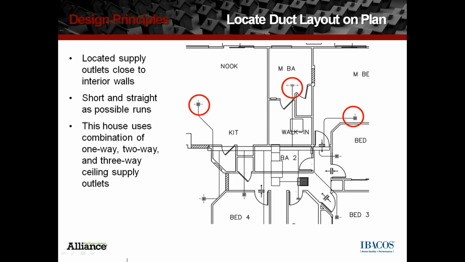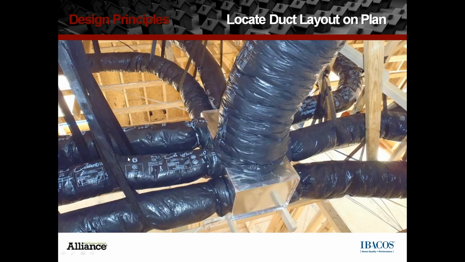Looking at the floor plan in general, you'll have a selection between one-way, two-way, and three-way throwing outlets, so you can pick the appropriate one for the room shape and size.